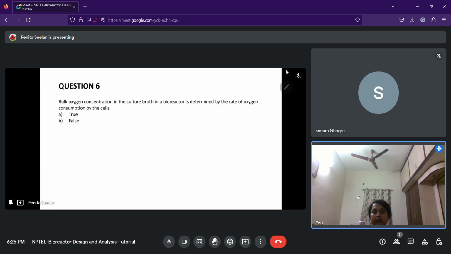Bulk oxygen concentration in the culture broth in a bioreactor is determined by the rate of oxygen consumption by the cells. So is this statement true?